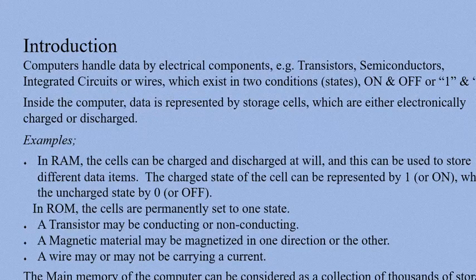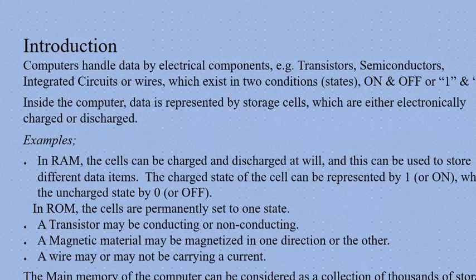The charged state of the cell can be represented by a 1, that is on, whereas the uncharged state by 0, or off. In read-only memory, that is ROM, the cells are permanently set to one state.